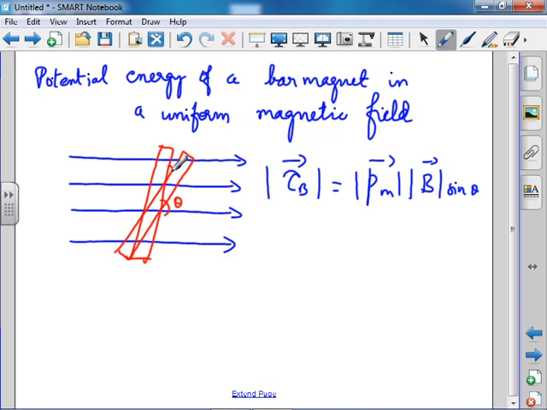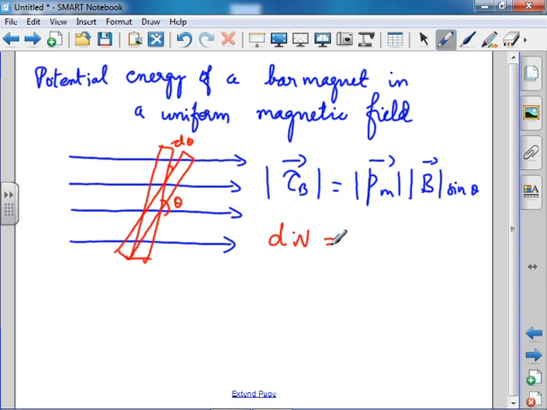In order to rotate the magnet, work must be done against the torque. So this work done by the external torque we have to calculate.